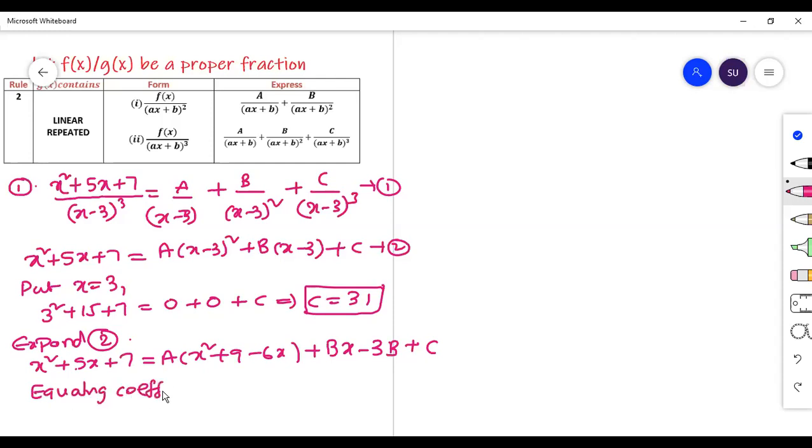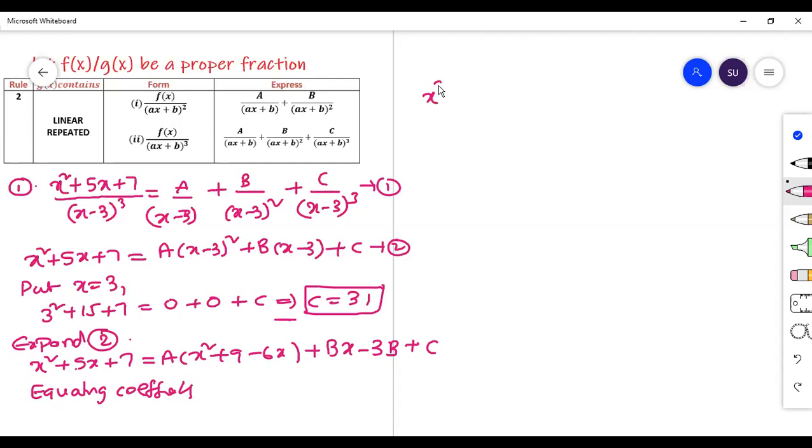We may use this equating coefficients concept, or substitute any value. Here by substituting I directly got one value, that's why I substituted x is equal to 3. Now coming to equating coefficients.